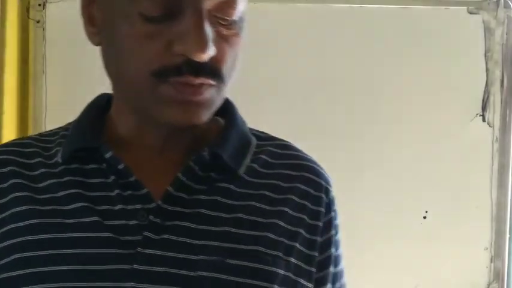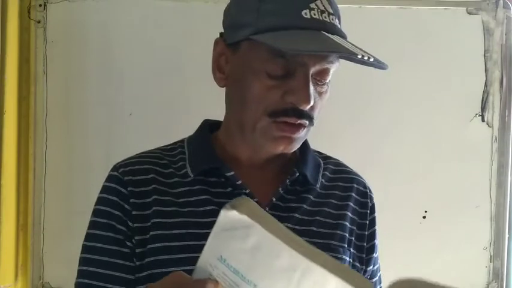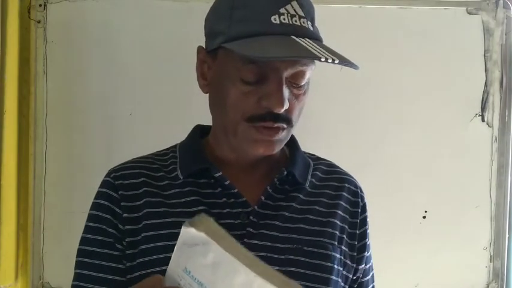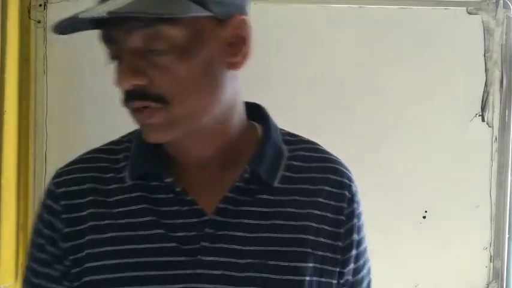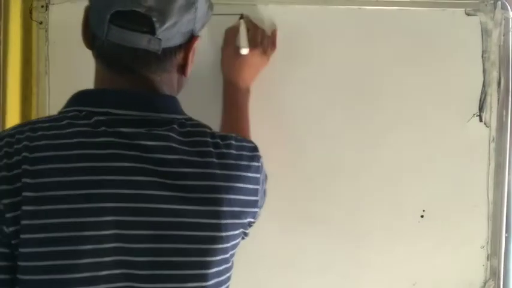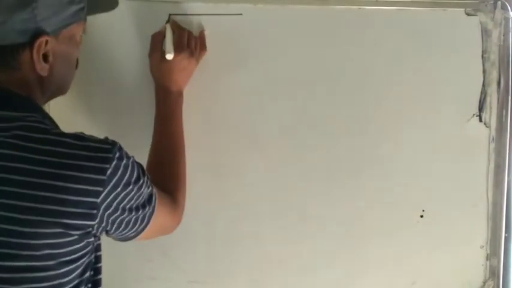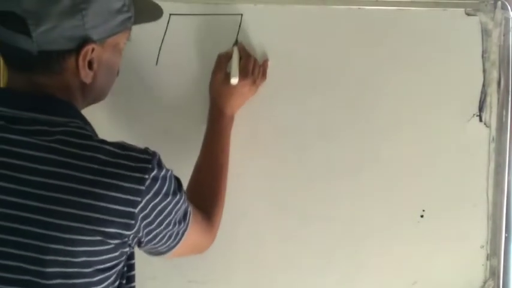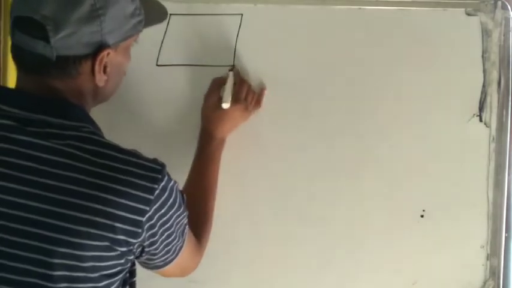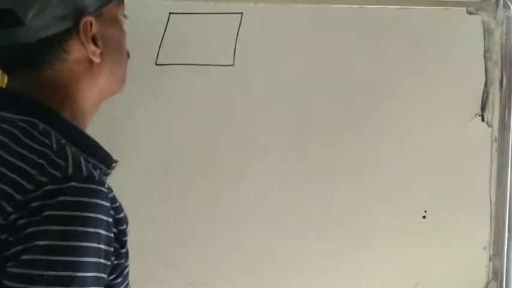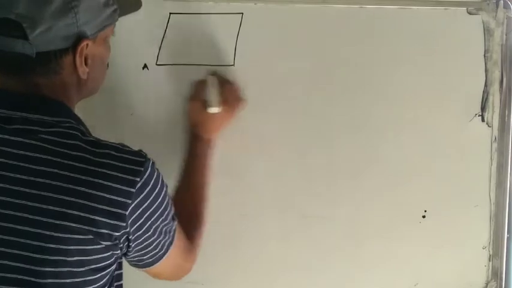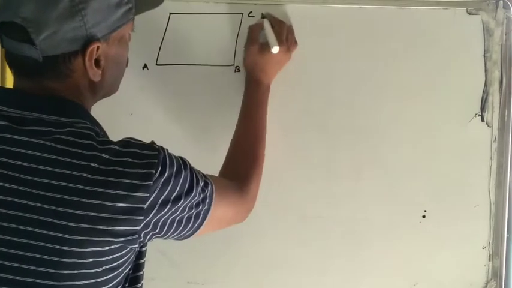The question is: prove that the sum of the squares of the sides of a rhombus is equal to the sum of the squares of its diagonals. It means that in a rhombus, let us take a rhombus given here, and you know the property of a rhombus that all the sides of a rhombus are equal.